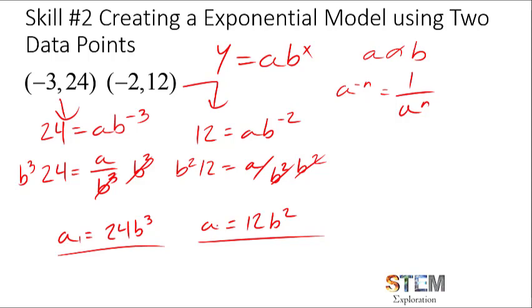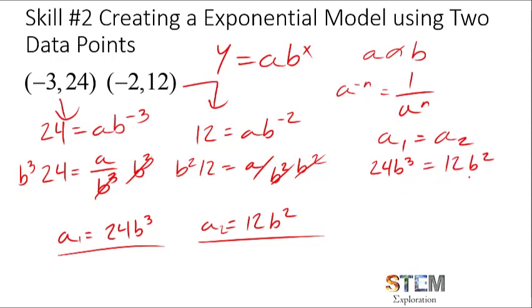And if I think of this as a1 and a2, and I know they both are points on the same model, I can be as bold to say that a1 is equal to a2. And then that allows me to say that 24b cubed is equal to 12b squared.